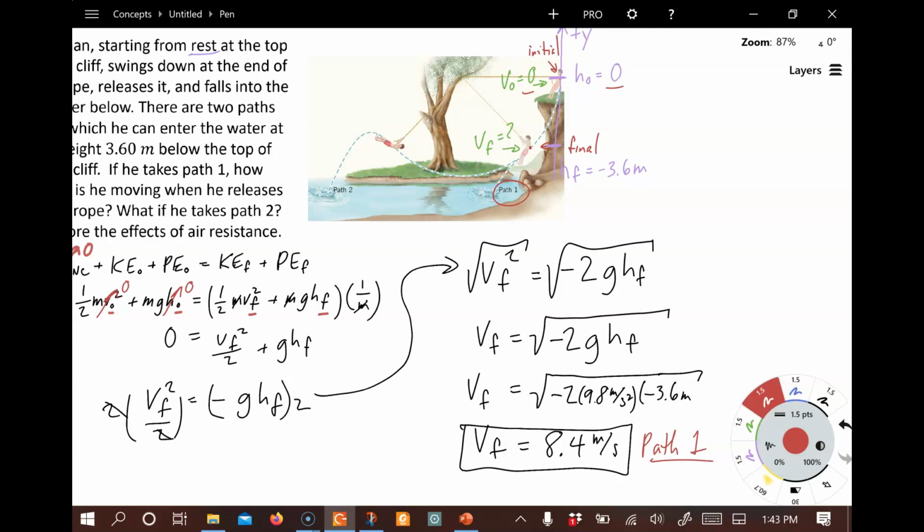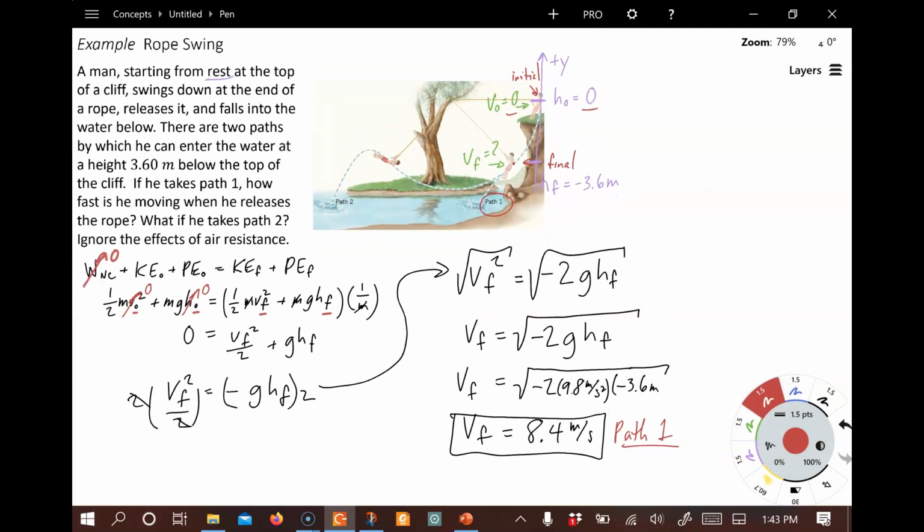We're also asked to compute this for path 2. Any thoughts what the answer is going to be? Well, really for path 2, all that changes is the position here. And in that case, look at the final height. It's still the same as before, right?